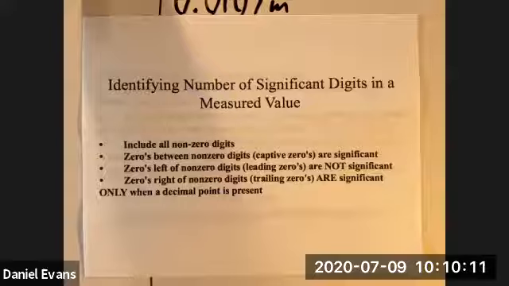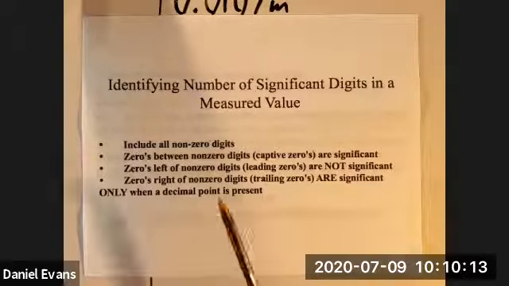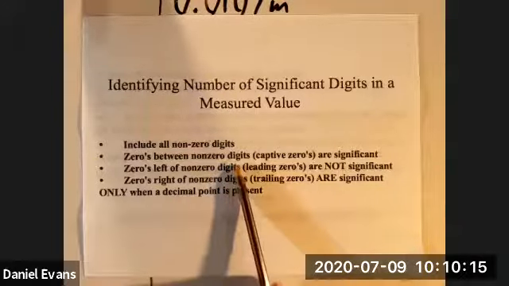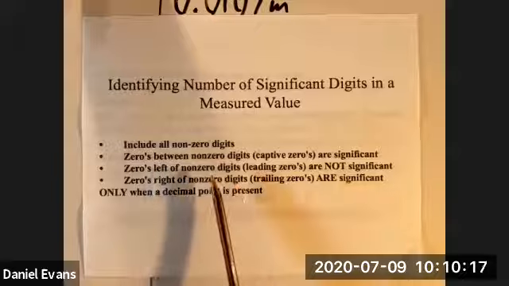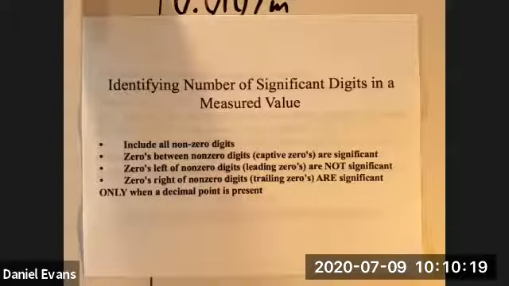All the zeros that are between non-zero digits are significant also. Zeros on the left are not significant. That's because the only time that we have zeros on the left is to hold the decimal point for us. So zeros on the left are placeholder zeros.